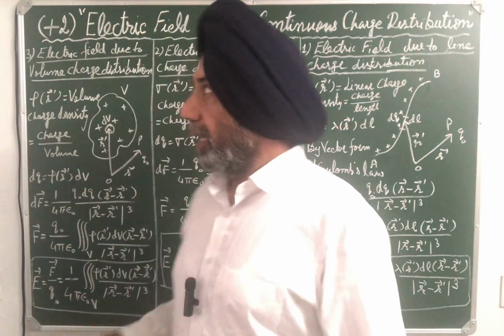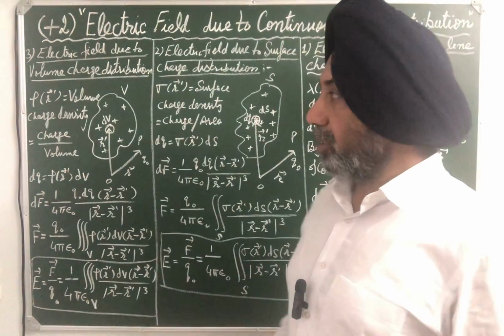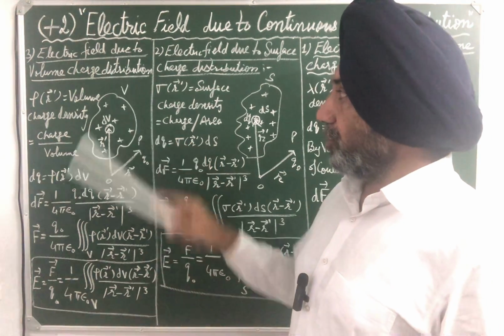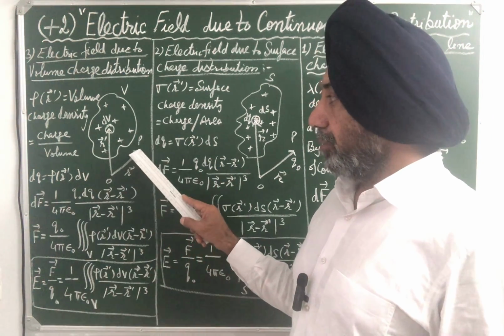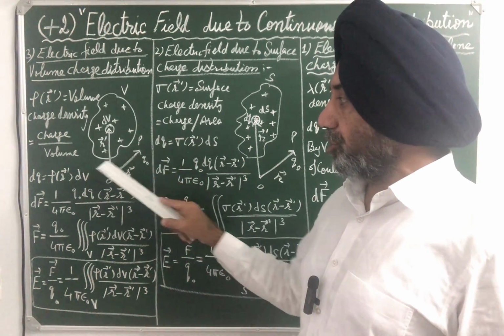Third, electric field due to a volume charge distribution. Now, instead of surface charge, suppose we have a volume of any shape with charge distribution having volume V. Again, let P be the point where electric field due to this volume charge distribution is to be determined.